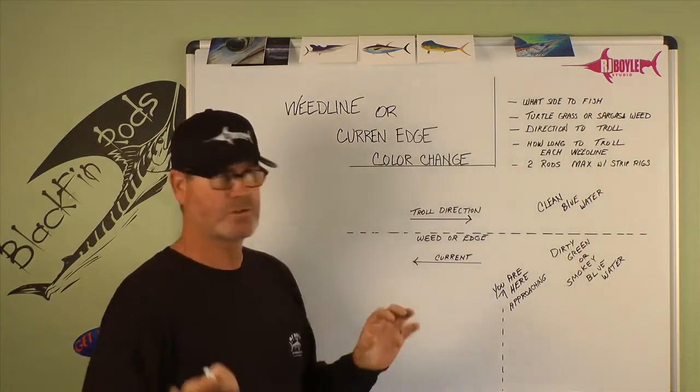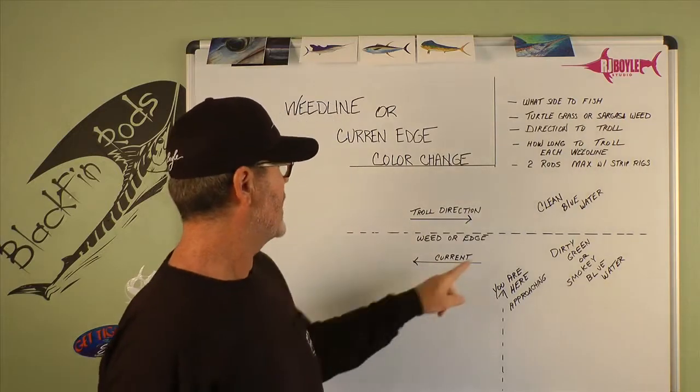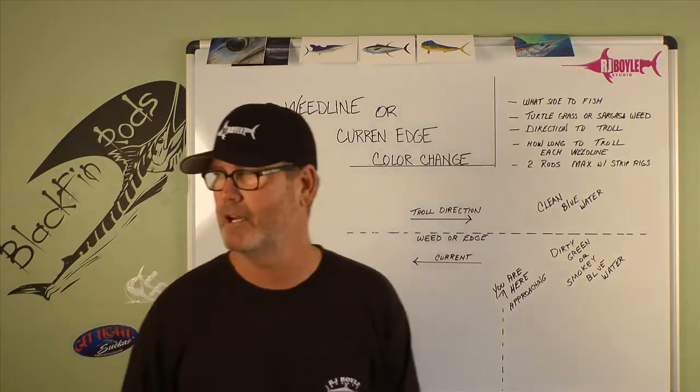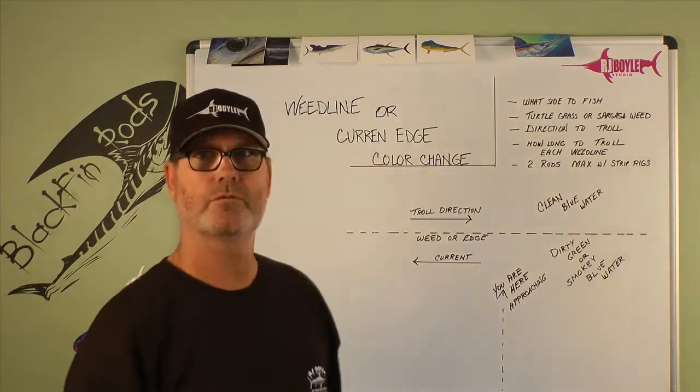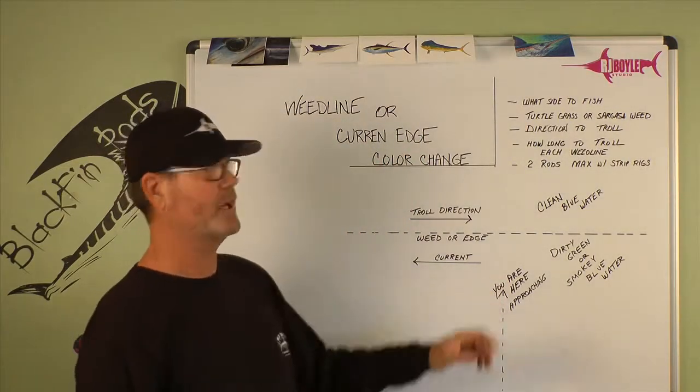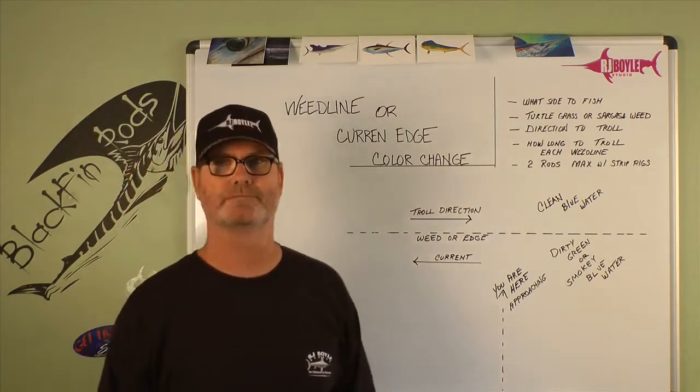Now, as we start to go towards the weed line, a couple things I'm going to do. I'm not going to drive to the weed line, stop and pull it out of gear and start looking at the weeds in front of me or the edge. Remembering that I've mapped out my plan for the day, I'm going to know which way the current's going.